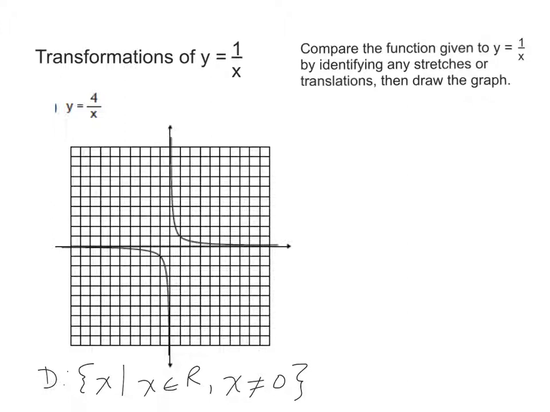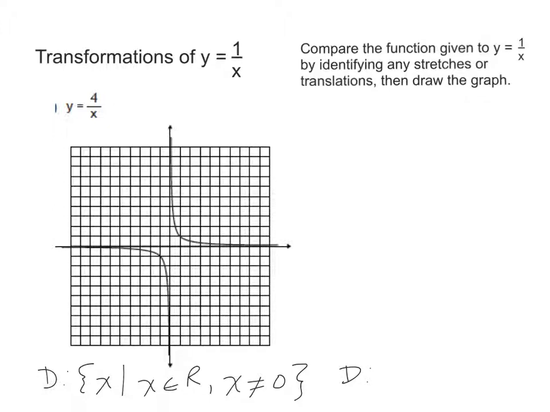That sounds good. It's everything but 0, where that asymptote is here. And so then what's the range? Same thing but with y's, right? So the range is y such that y is an element of the set of real numbers, y cannot equal 0.